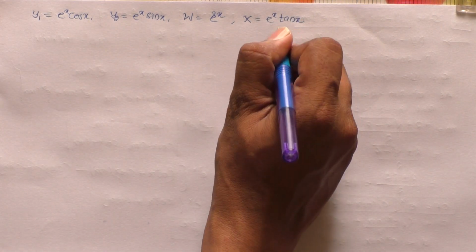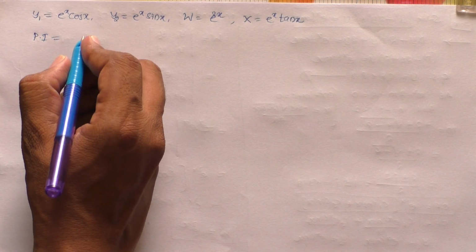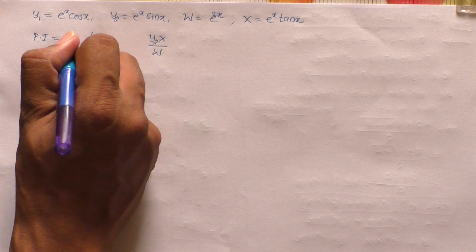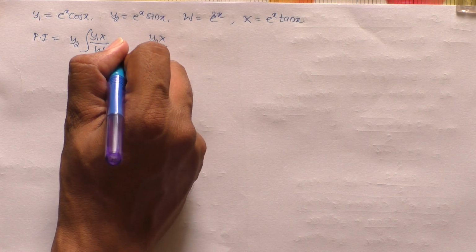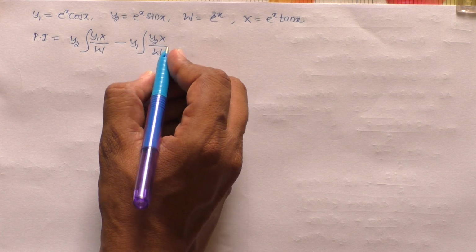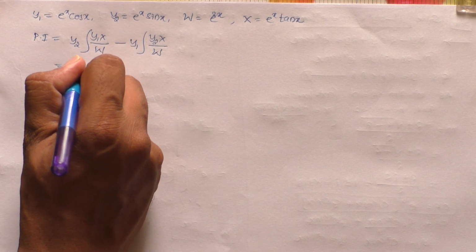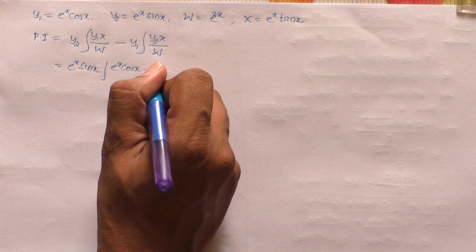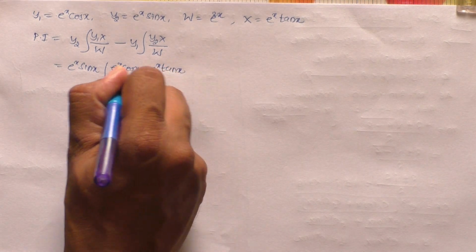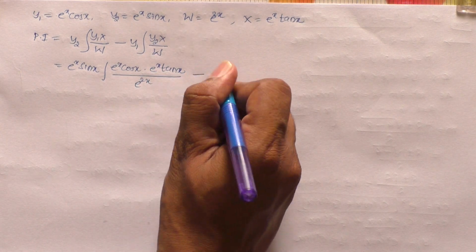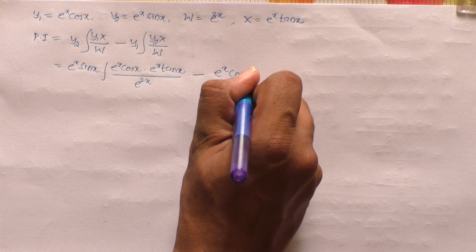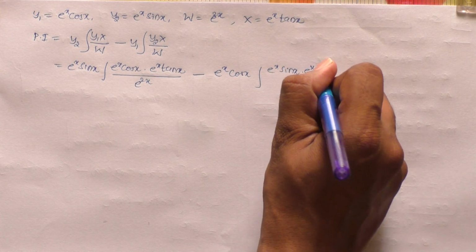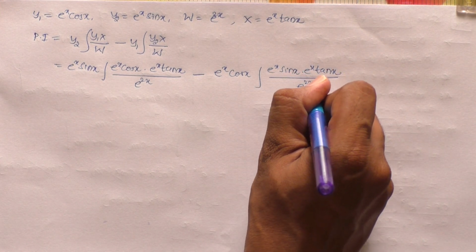Once you get all these, then you go for finding the particular integral. The PI has two terms, y1 X by W and y2 X by W. So it is y2 into the integration of y1 X by W, minus y1 into the integration of y2 X by W. So substituting, y2 is e raised to x sin x, integration of y1 e raised to x cos x into X e raised to x tan x divided by W e raised to 2x, minus y1 e raised to x cos x, integration of y2 e raised to x sin x into X e raised to x tan x divided by W, that is e raised to 2x.